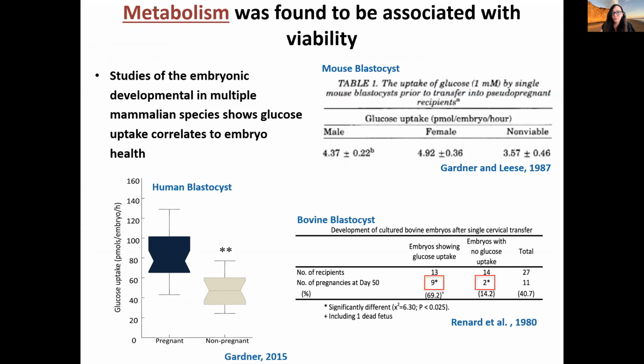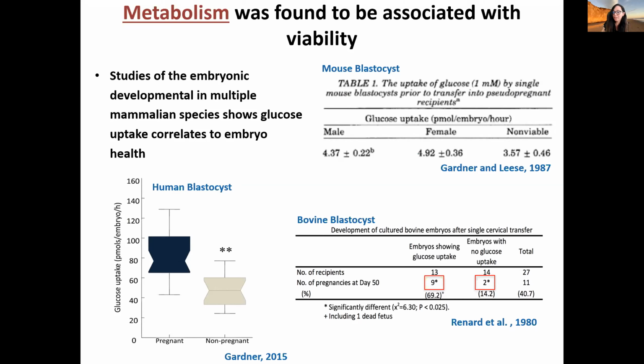What has been known in the literature regarding metabolism is that metabolism can be associated with embryo viability, so the health of embryos. And many studies of embryonic development in multiple mammalian species have shown that glucose uptake correlates with embryo health. So that was really nice.